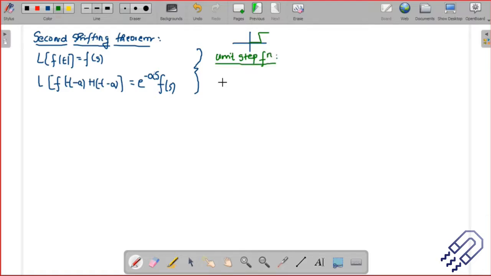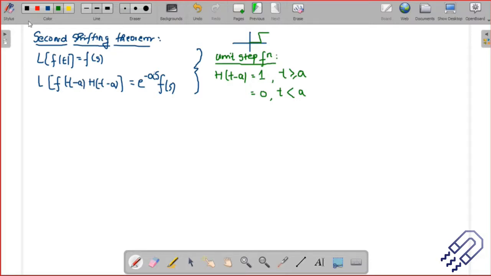Here h of t minus a is equal to 1 if t is greater than or equal to a, and is equal to 0 if t is less than a. That's the definition of the step function.